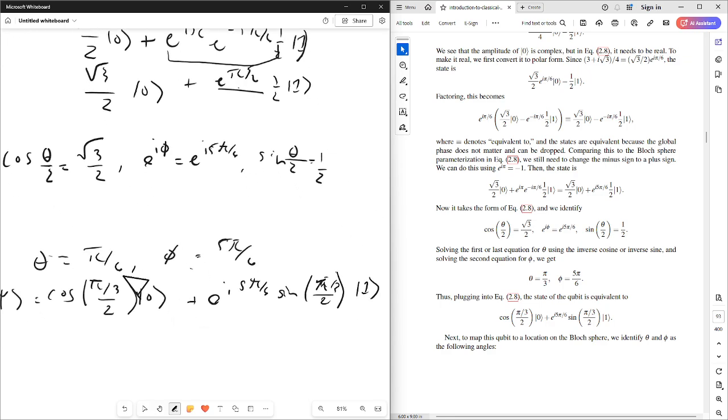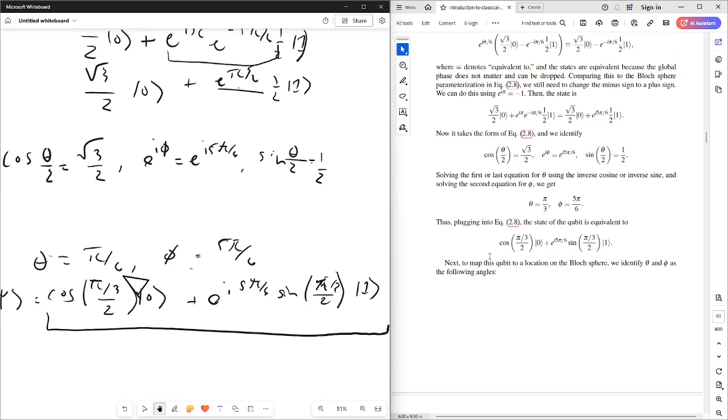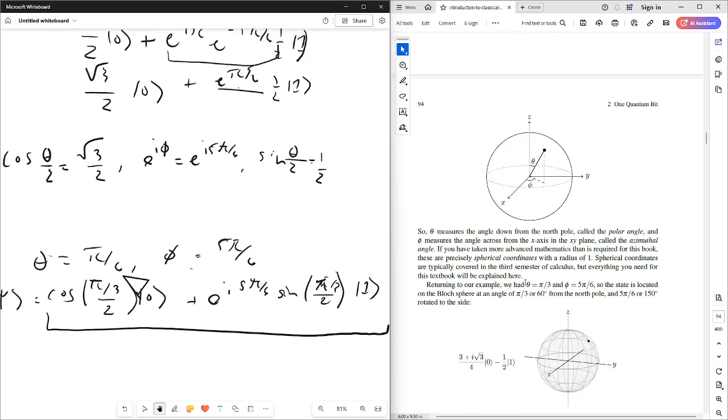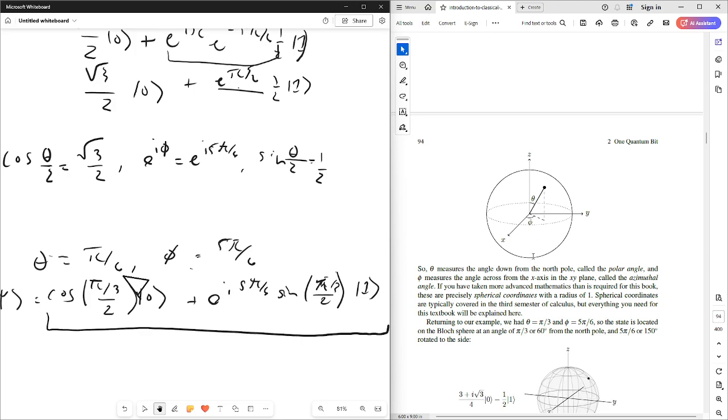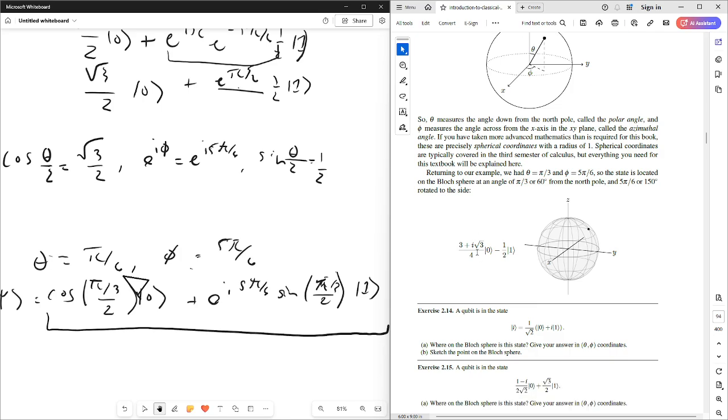All right, so now we have our spherical form, and we can map it into our Bloch sphere using theta as the polar angle, and rho, again, no idea, the angle across the x-plane from the xy plane, the azimuthal angle.